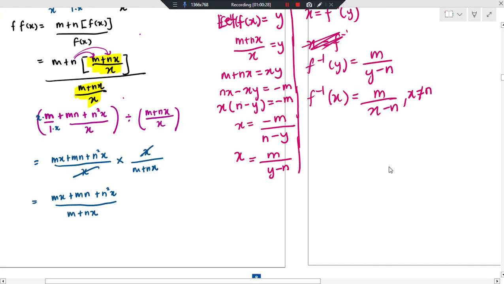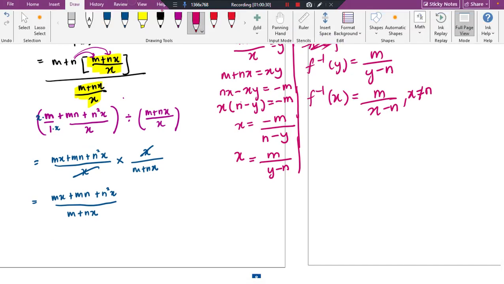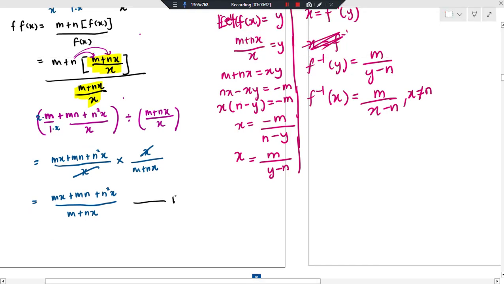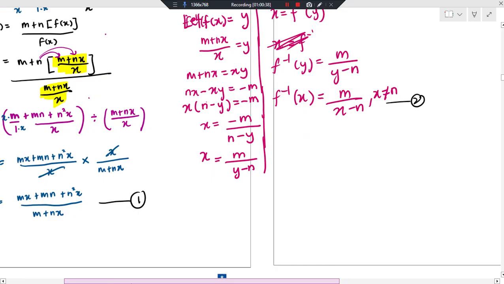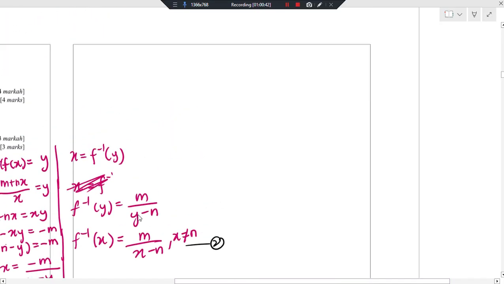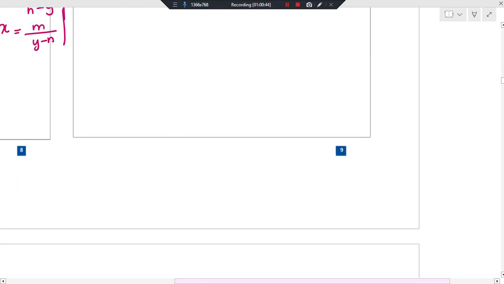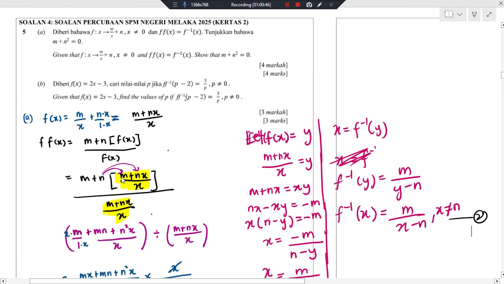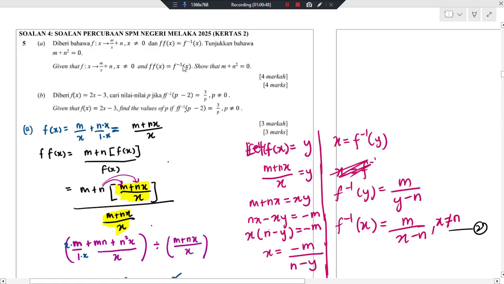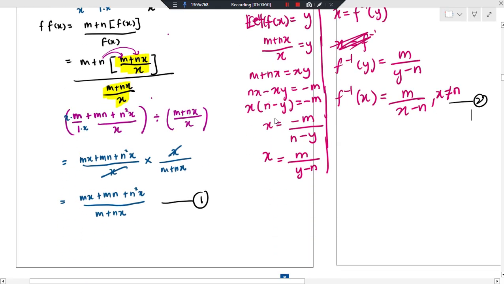Right. Lepas tu apa yang kita kena buat? Kita kena show that they are equal. Okay, betul? So since 1 equals to 2, that means mx plus mn plus n square x over m plus nx is equals to m over x minus n.